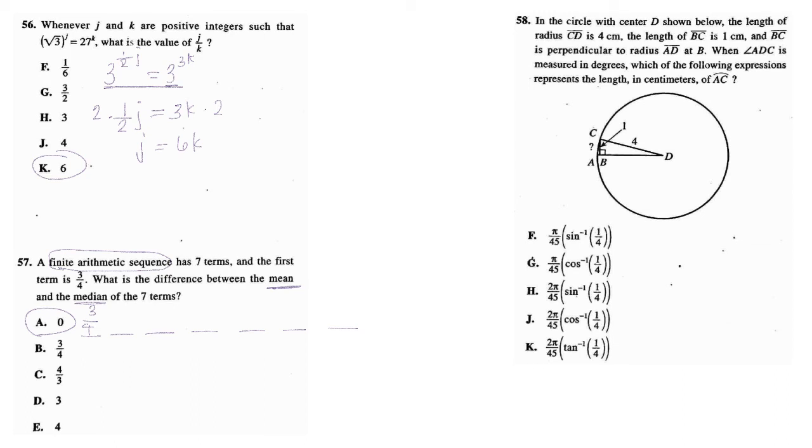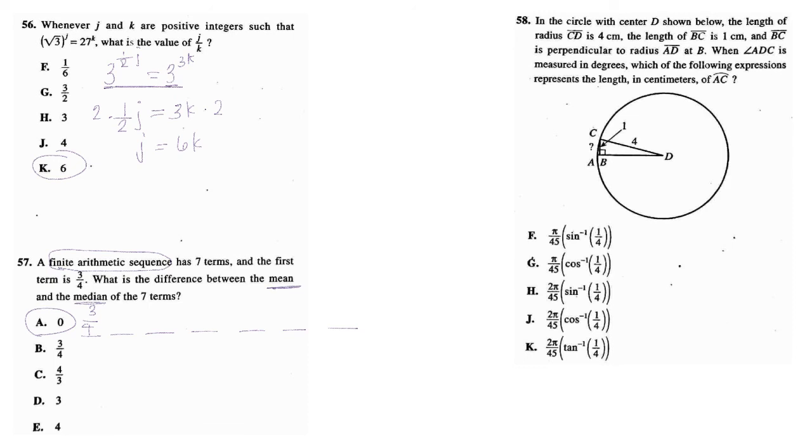Okay, so number 58 is a pretty tough problem here. So in the circle we have, let's see, length of the radius is 4 and that side is 1, and we're looking for that particular arc.